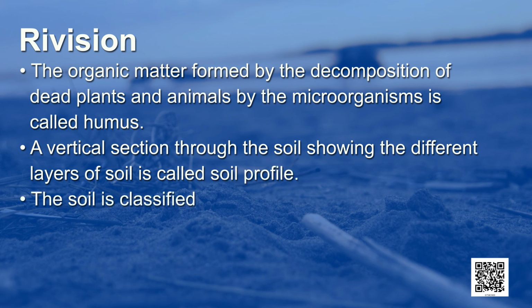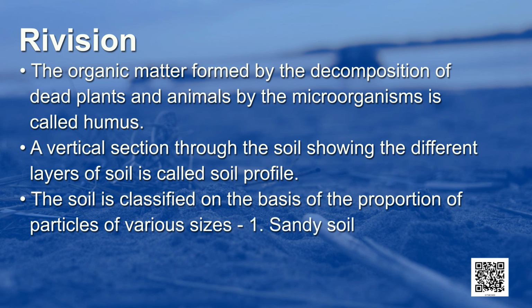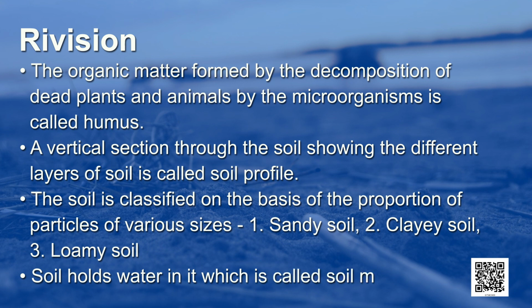The soil is classified on the basis of the proportion of particles of various sizes, and these are sandy soil, clay soil, and loamy soil. Soil holds water in it, which is called soil moisture.